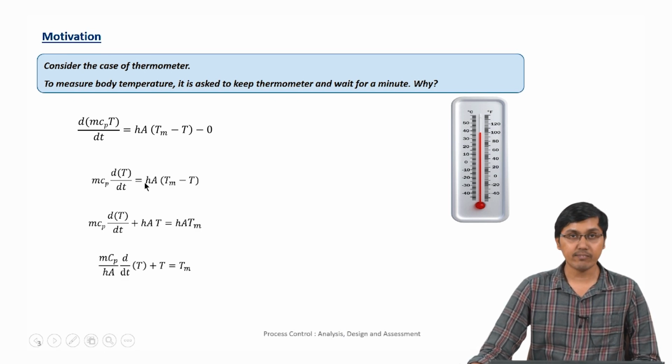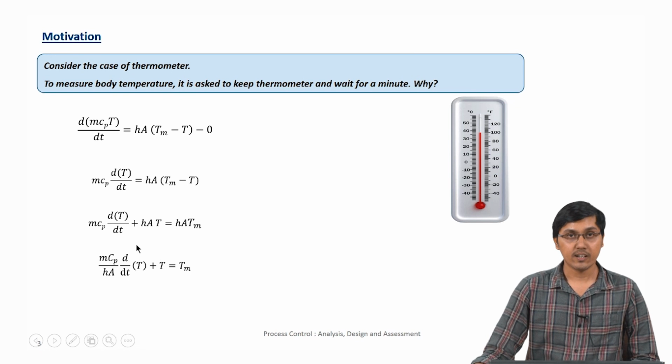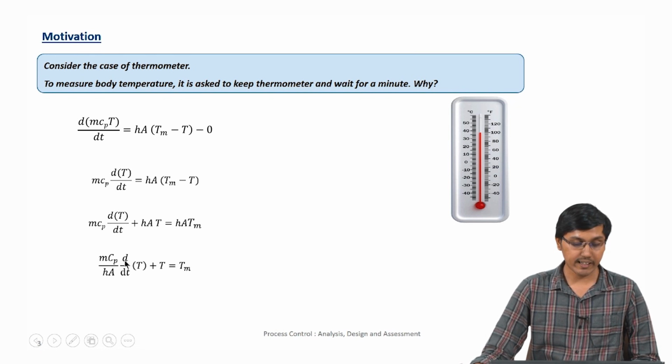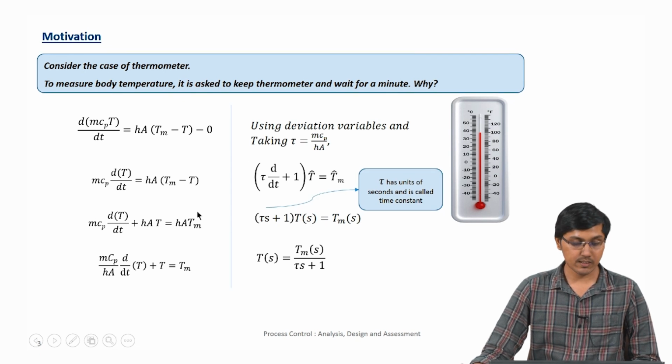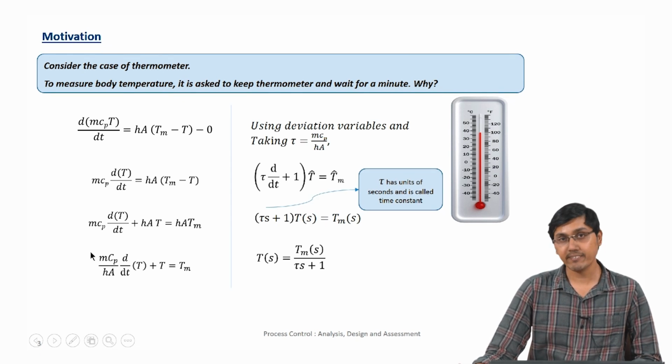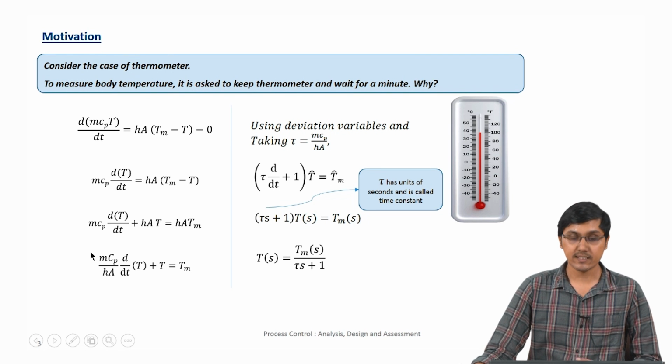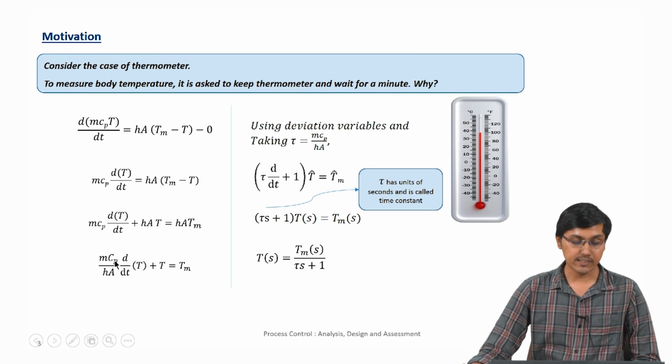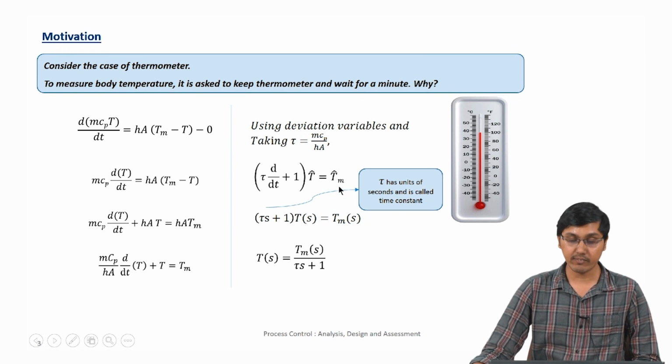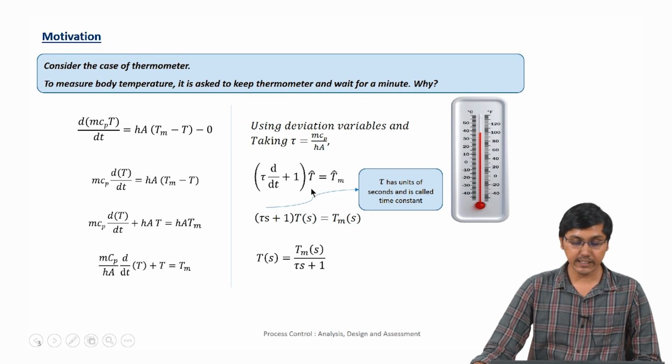Going through some algebraic steps, we finally arrive at this equation, and we take this entity, which has units of seconds, as tau. We call tau the time constant. Using deviation variables and taking tau as this entity, we get this equation. Taking the Laplace transform of this equation, we get (tau s plus 1) T(s) equal to Tm(s), and this is the final equation.